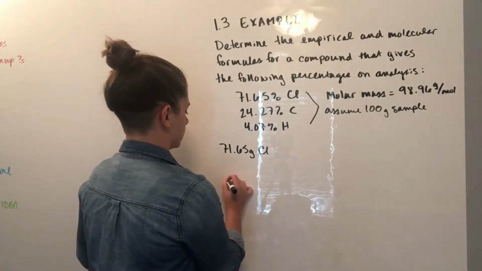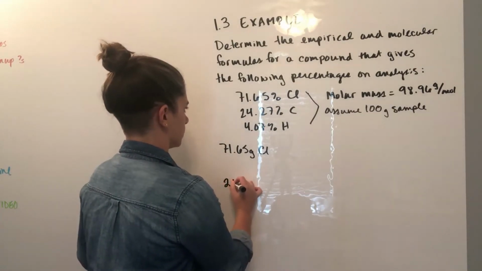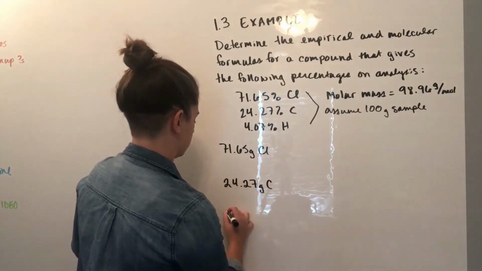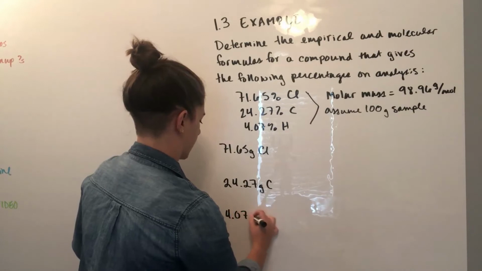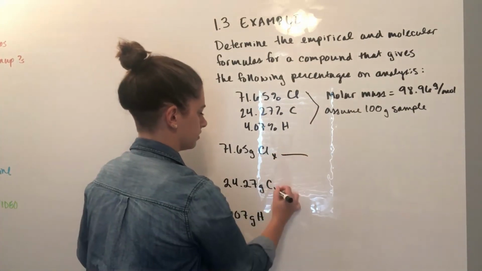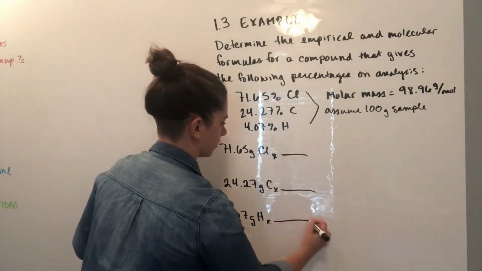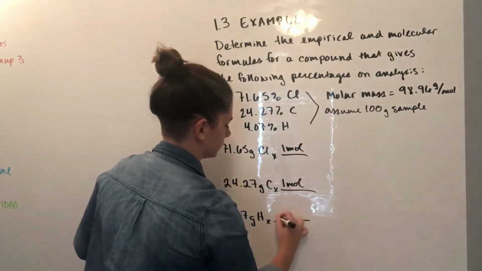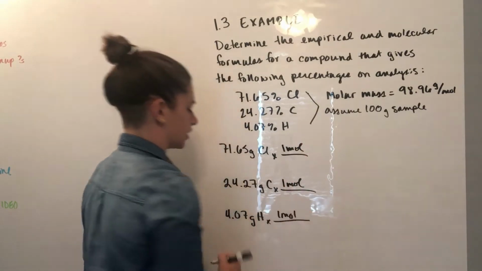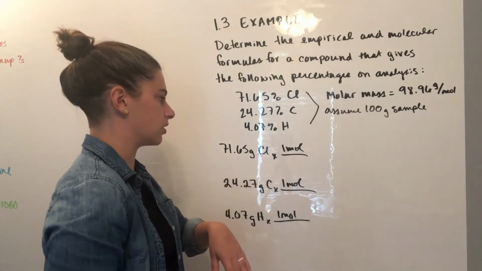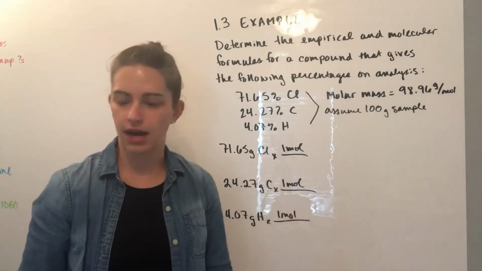I like to do all of this at once. That's my personal strategy. You could do each of these separately if you like. It's entirely up to you. So we're converting grams into moles, which means we are going to multiply by the reciprocal of the molar mass, or in other words, divide by the molar mass.